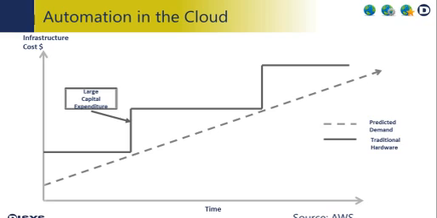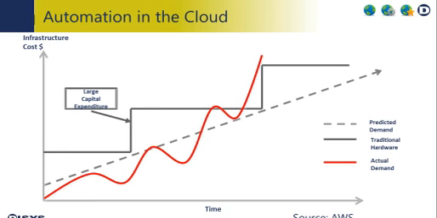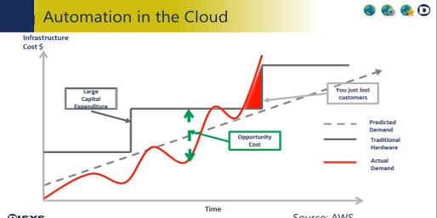So at one point in time, you'd have excess capacity, and at another point in time, you'd have capacity that is not necessarily tied to what your actual demands are. When your capacity is more than your demand, you're wasting money. And when your capacity is lower than what your demand historically has been, then your business is at risk.